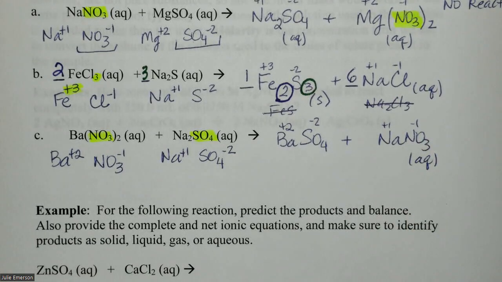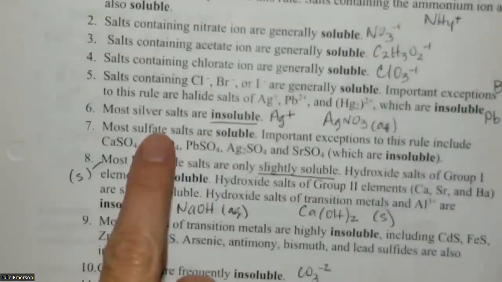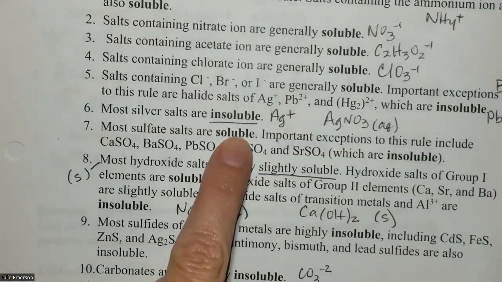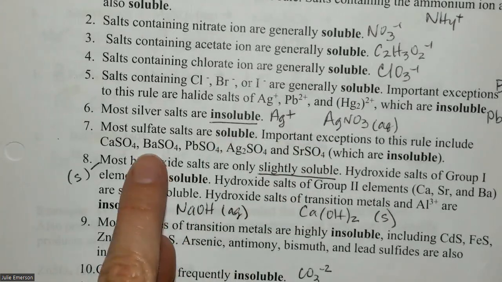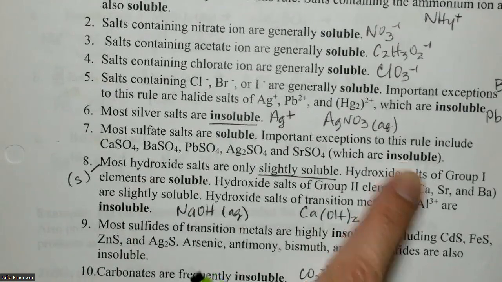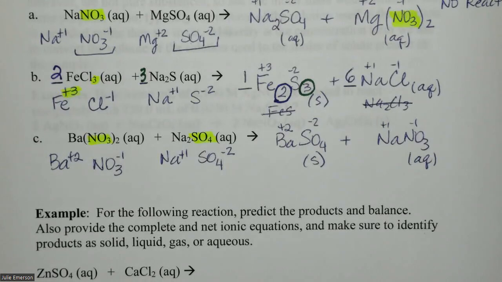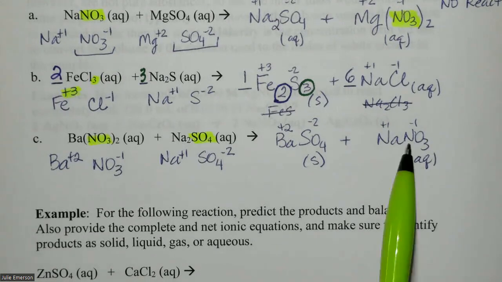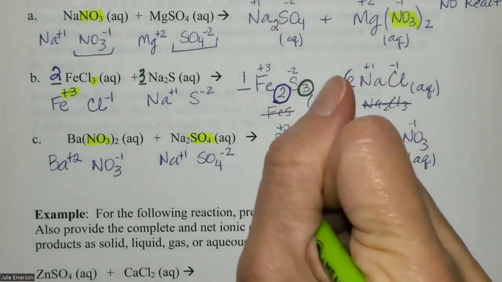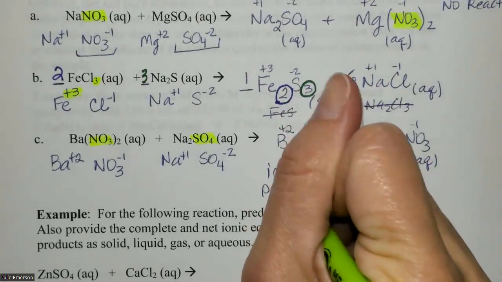So let's look at barium sulfate. The rule here was most sulfate salts are soluble. The exception would be barium sulfate. So barium sulfate is insoluble, which means it's the solid. So we know that's going to be the precipitate. Insoluble, just for your notes, means it's going to be the precipitate.